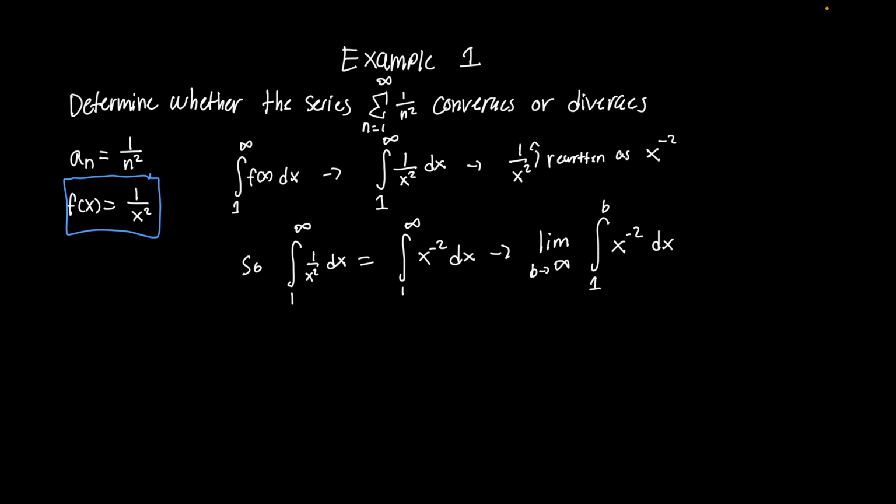Now we integrate, so we're going to add 1 to the power, then divide by it. So negative 2 plus 1 is just negative 1, and divided by negative 1. Therefore, you're going to get that this is equal to just negative x to the negative first power.